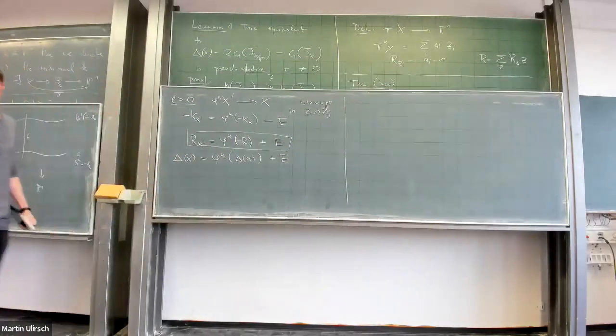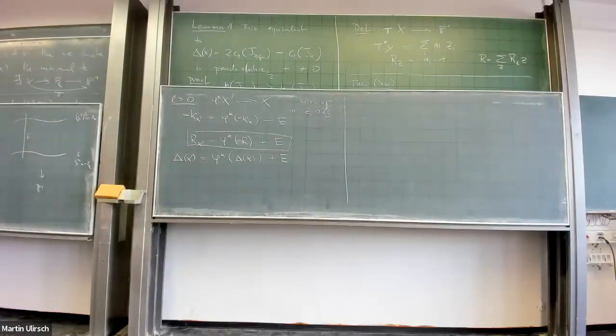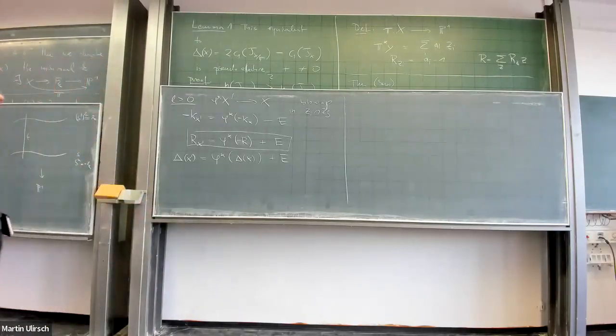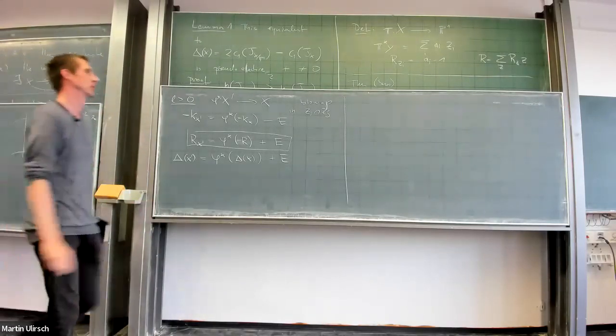Let me just have a look why this is going to be true. And then we are essentially at the end of the proof, but I have a few more remarks to make. So why is this true?